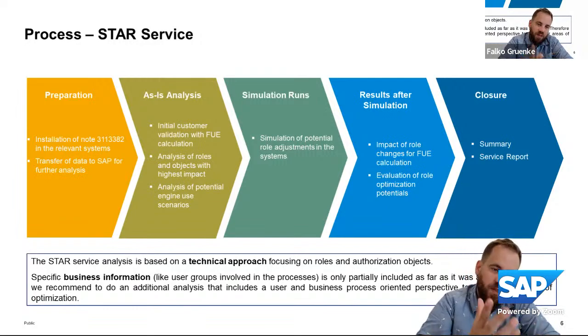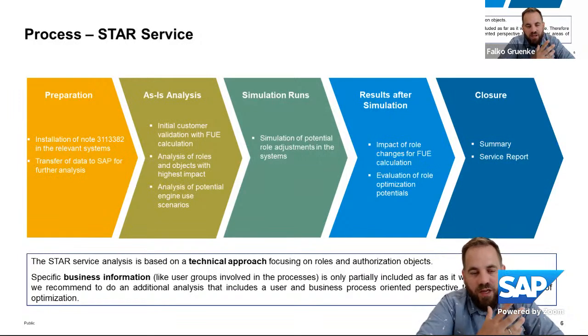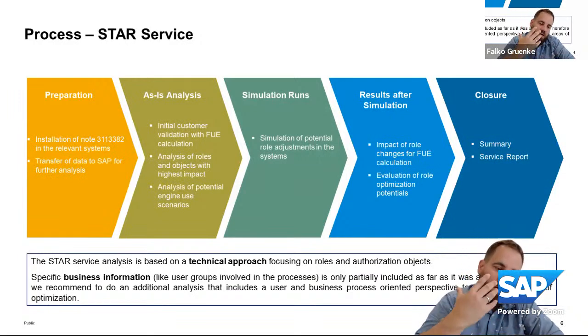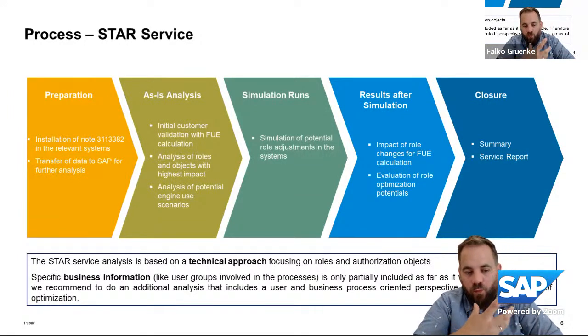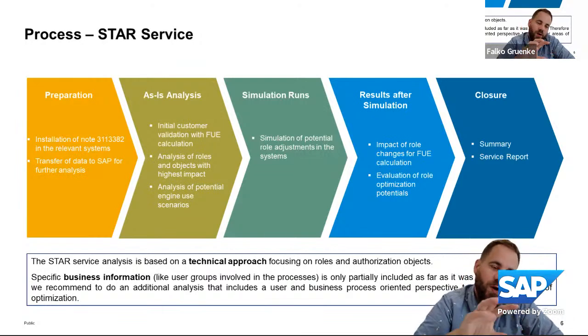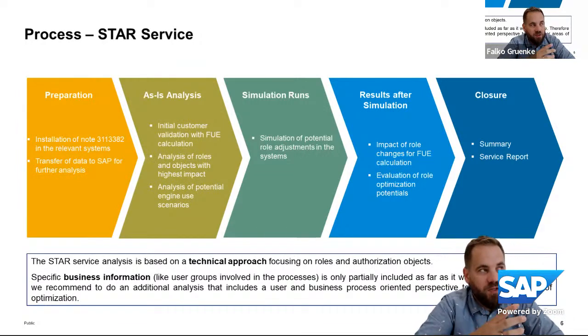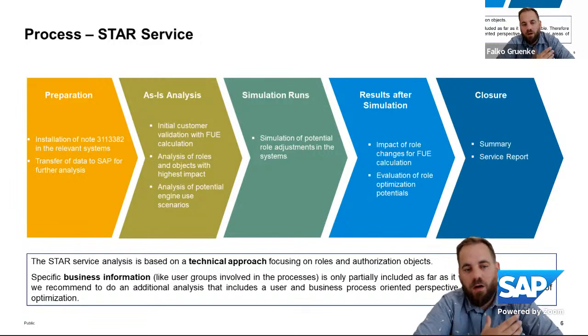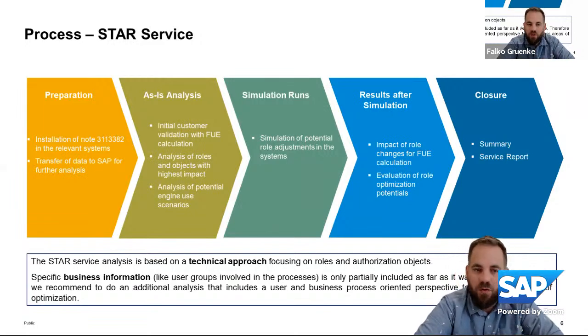From there, we go into simulation runs, which means we run simulations where we exclude specific objects from roles in case those are considered non-relevant or assigned by mistake, and see the differences and what that means for your user base from a license perspective.